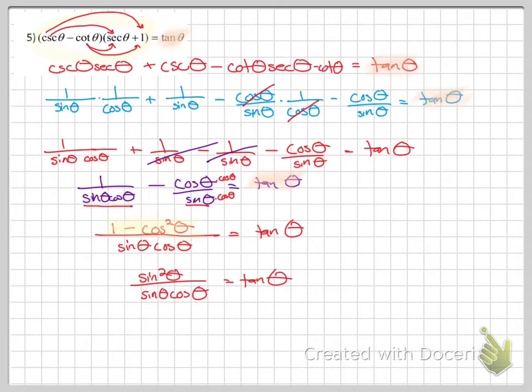Then, now that all the addition and subtraction signs are gone, remember you can't reduce when there's an addition or a subtraction sign on the top. But now I have 2 sines on top, but one of them crosses out with one of the sines on the bottom. And now I'm down to sine over cosine, which is tangent theta. We've proved it.